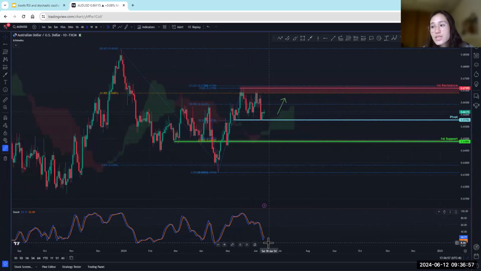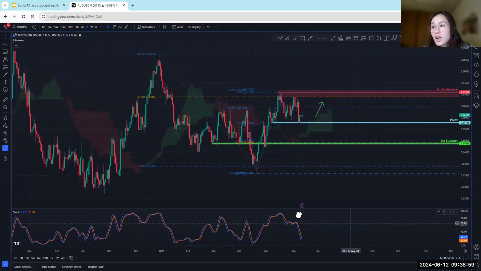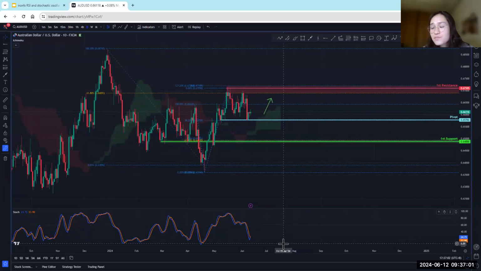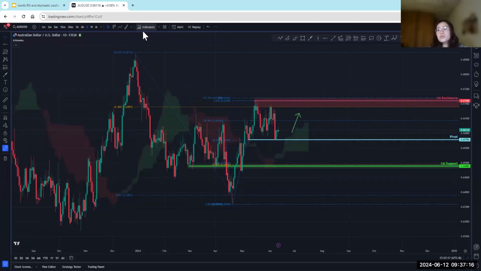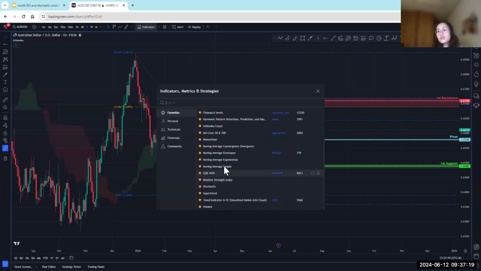Okay, on our stochastic, let's see if we have any signals here. Here it's not really telling us much. Let's look at RSI.